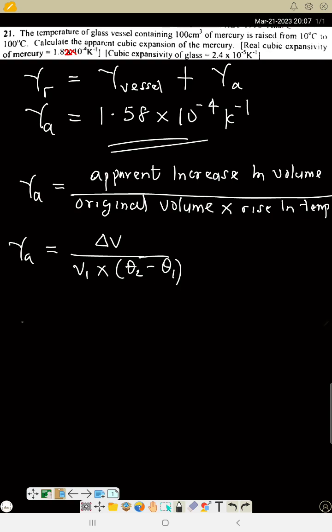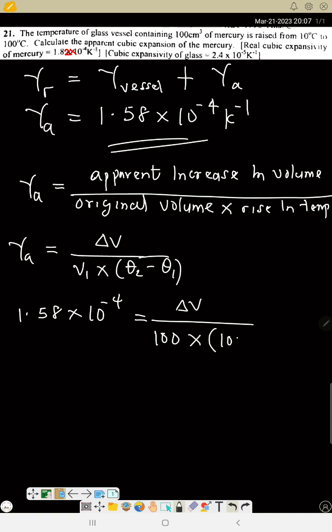So now this will be 1.58 times 10 raised to power minus 4. That is the apparent expansivity. We are looking for the apparent increase in volume, divided by original volume 100 times temperature rise, that is 100 minus 10. So this is theta 2 minus theta 1.